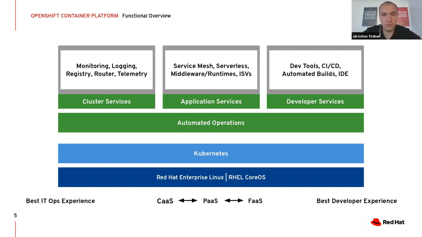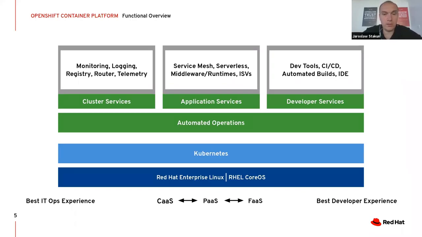It is based, of course, on Kubernetes, which is pretty much the standard for container orchestration. It also includes the Red Hat Enterprise Linux operating system. With the new version, it also includes RHEL CoreOS, which is our lightweight version of RHEL.